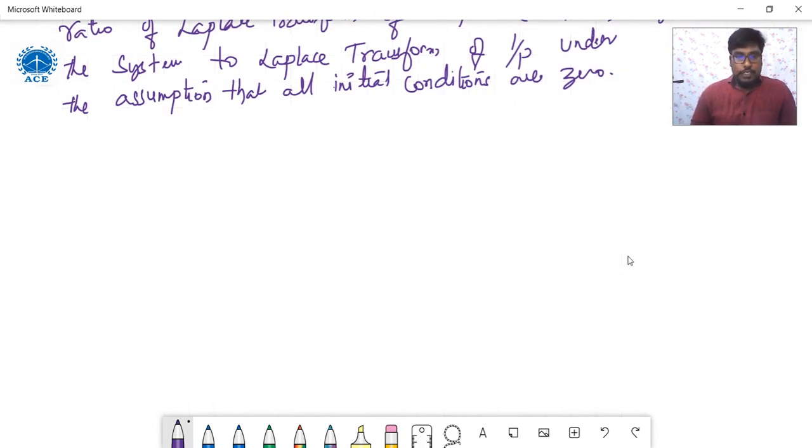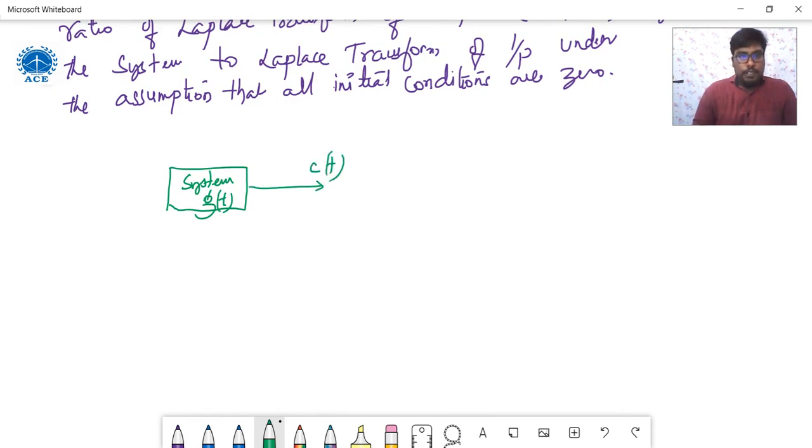Suppose I have a system, which I name g of t, with output c of t and input r of t.